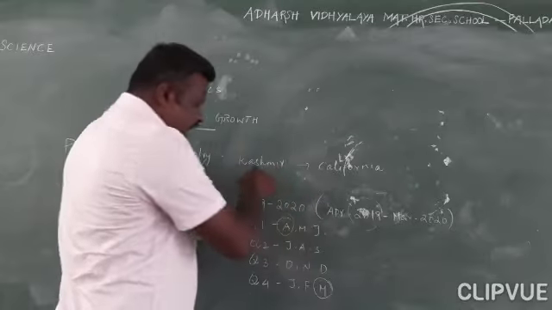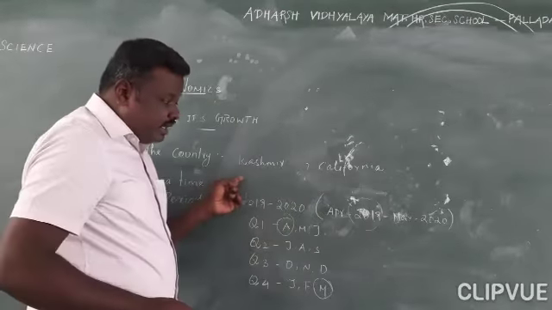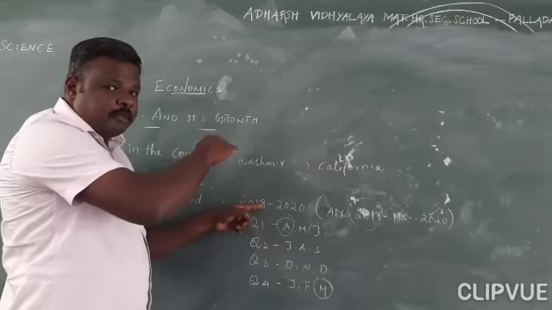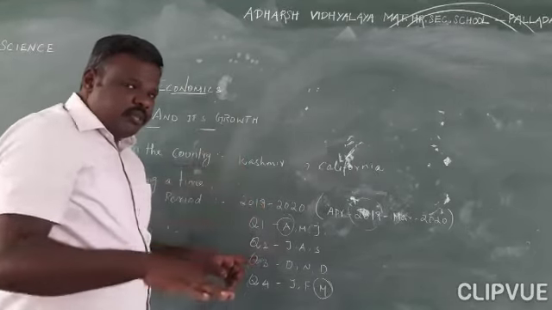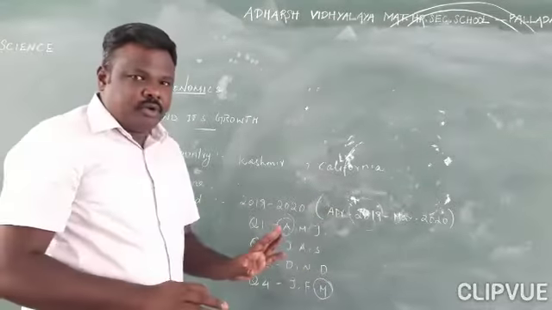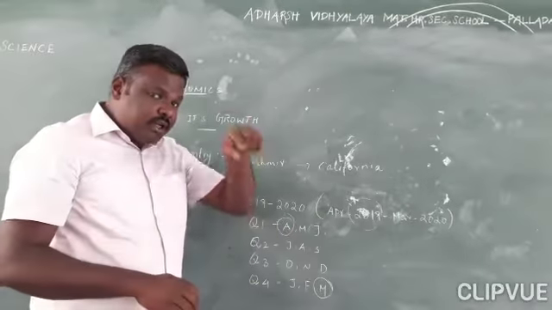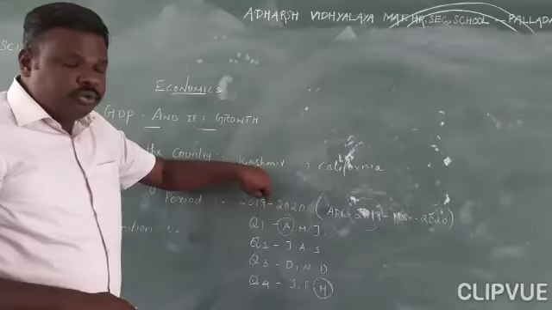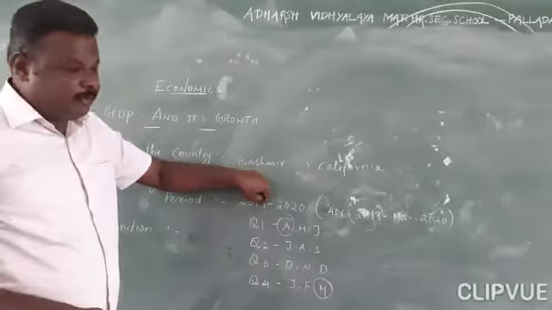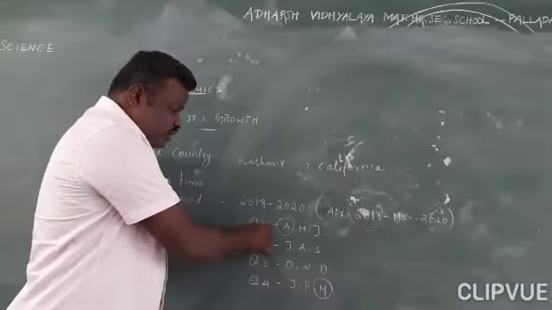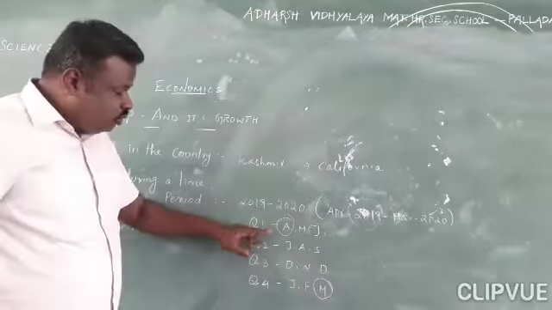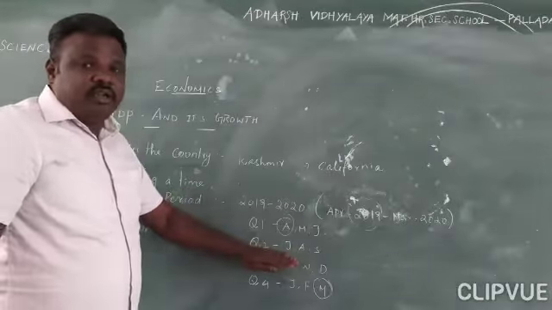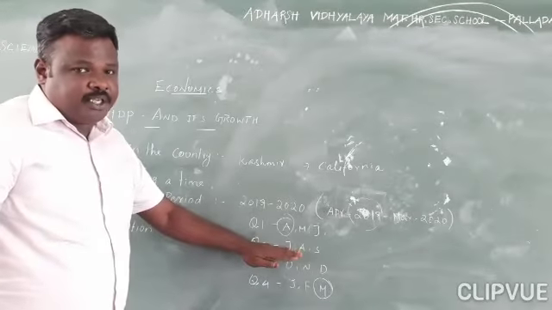Now the 2018 product will not be added in the 2019 GDP. Can you understand? A bicycle produced in 2018 will be added only in 2018's GDP. The same thing will not be added in the 2019-20 GDP. Likewise, the first quarter's final product will not be added in the second quarter's GDP.